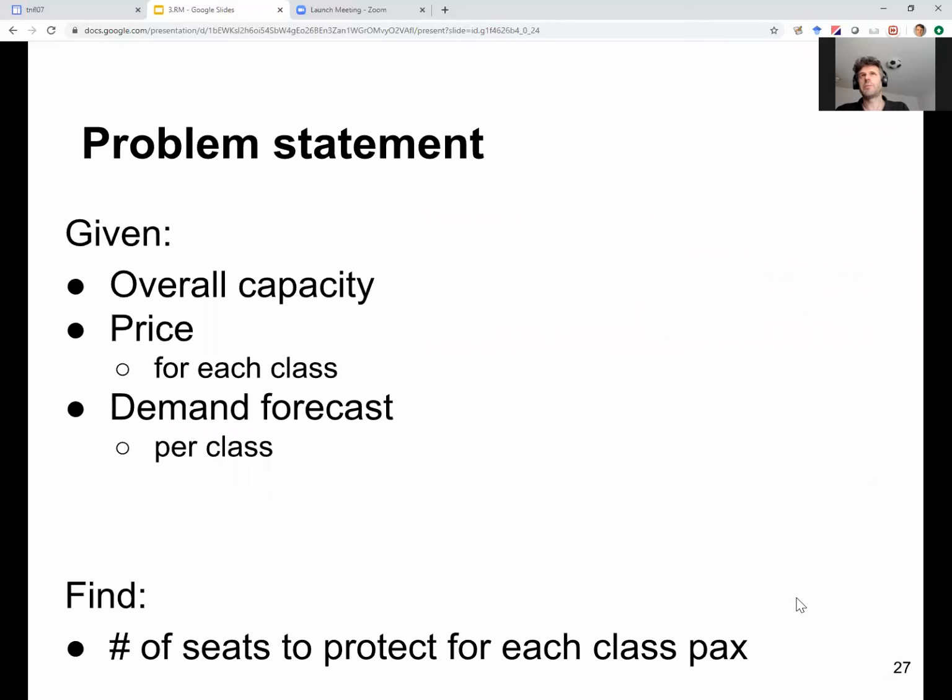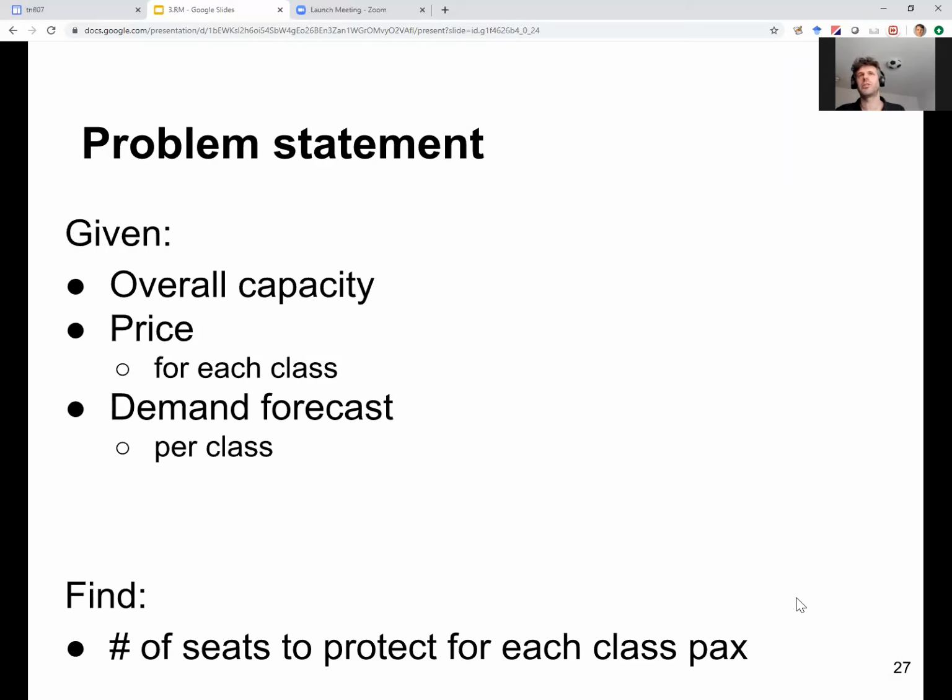Problem statement. We know the capacity of the plane. It has been decided from the fleet assignment, so we know what fleet type we have. We know the price; somebody told us the price from another department.